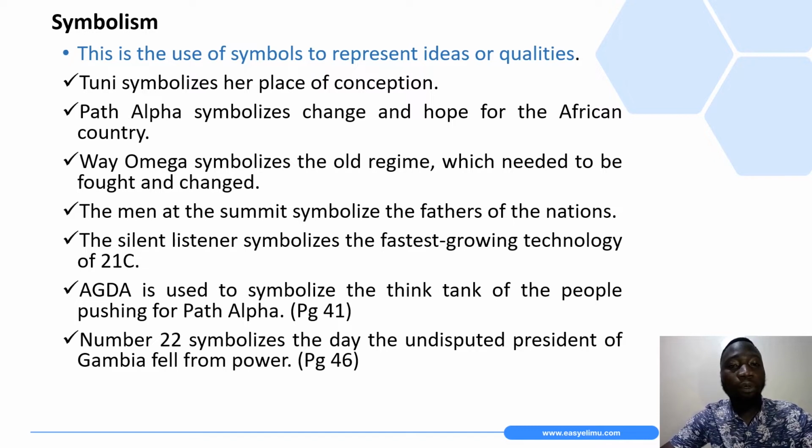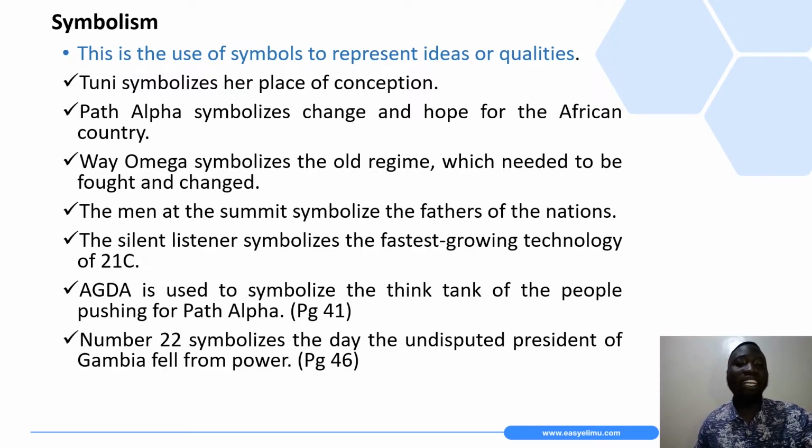So Path Alpha symbolizes change and hope for the African country. Then also Way Omega symbolizes the old regime, which needed to be fought and changed. And that is why it is Path Alpha that carries the day when the summit comes to an end.